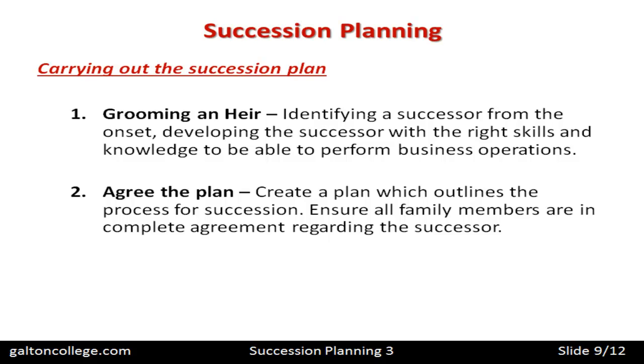So it's important that the family or the other shareholders agree the successor, that they are involved in the process, they know what is involved in terms of training and what the requirements are, and they know the successor as well. So it's all done in the open.